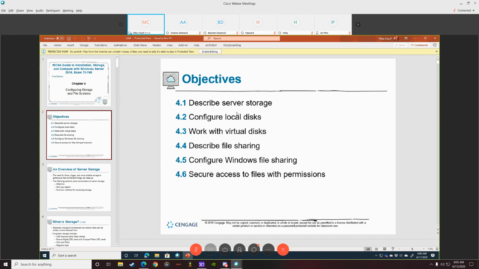When somebody says, okay, what do we need the storage for? I think they answer the questions in 4.4, 4.5, and 4.6, but we'll talk about them in detail.